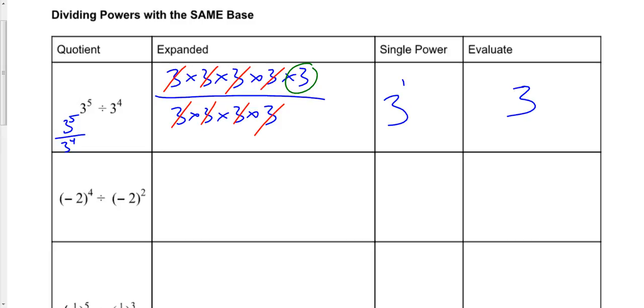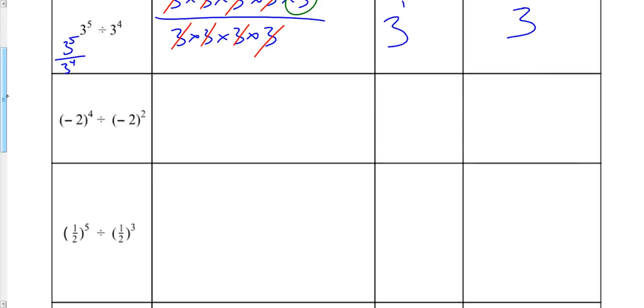So if we look at our next example, we've got negative 2 to the exponent 4 divided by negative 2 to the exponent 2. So I'll do negative 2 times negative 2 times negative 2 times negative 2. Okay? Actually, just to make it a little easier, I'm going to write this out in this form.